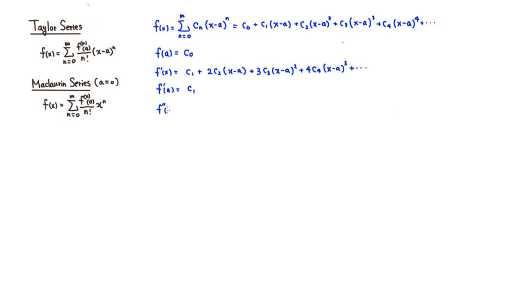So take the derivative here, f double prime of x. The derivative of C1 is 0 since it's a constant, and the derivative of the next term would be 2 times C2. The next one is 3 times 2, put 2 in front, times C3 times x minus a, plus 4 times 3 times C4 times the quantity x minus a squared, and so on.